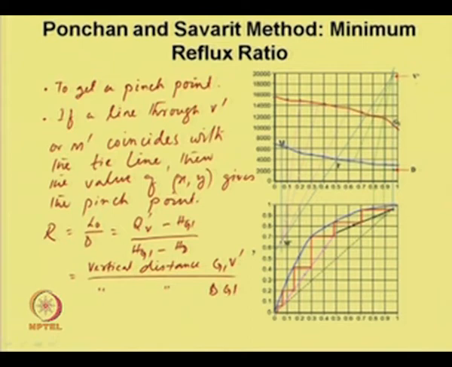If V dash is nearer to G1, or the distance G1 V dash is small, it increases the number of plates required, or the reflux ratio is smaller. G1 V dash small means smaller reflux ratio.